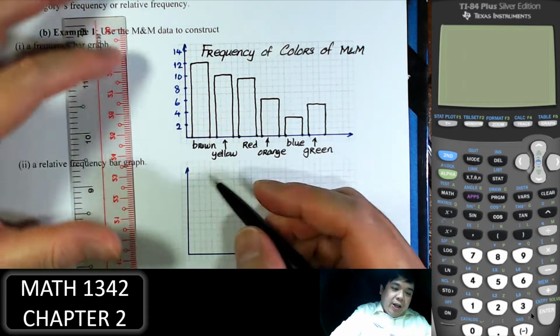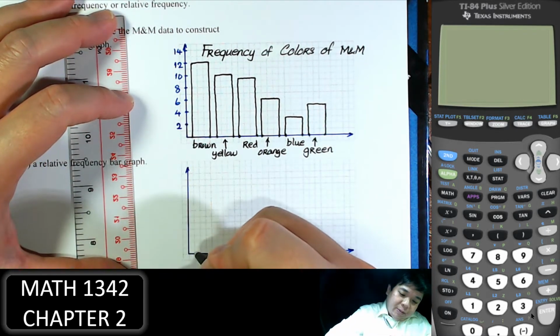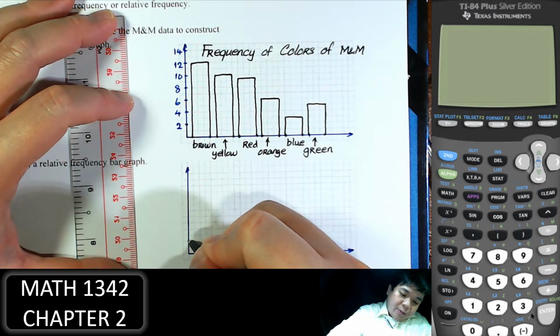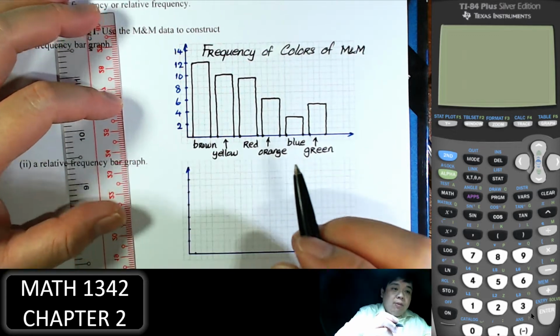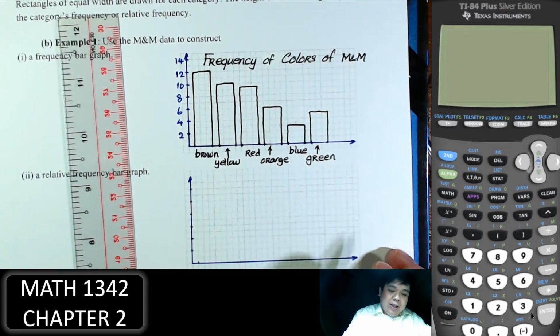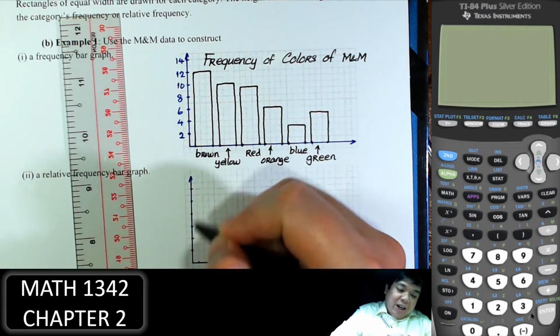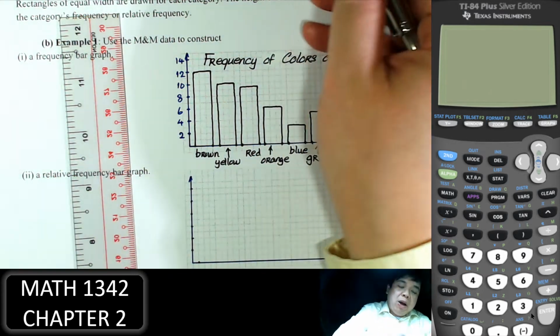So we can draw exactly the same thing, or we can just label based on the percentage.